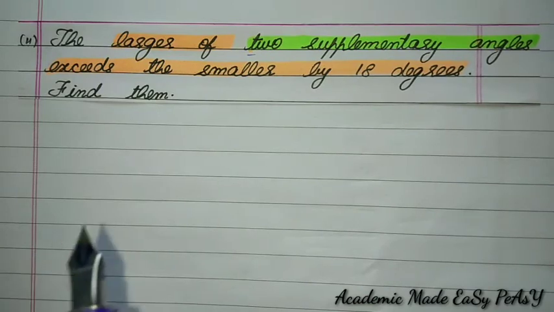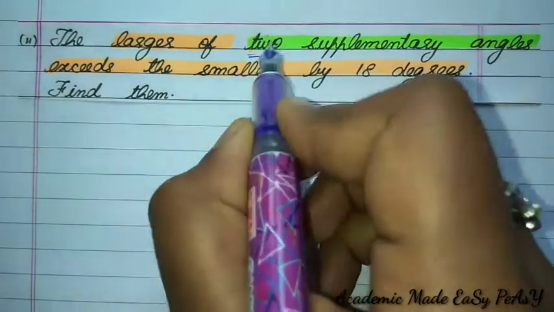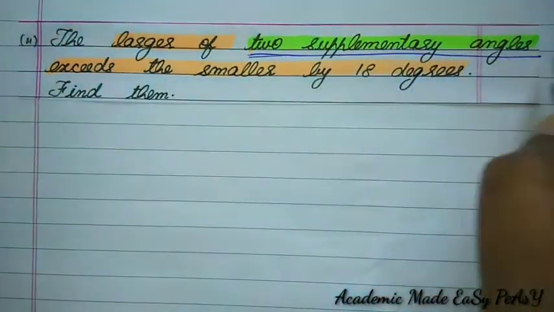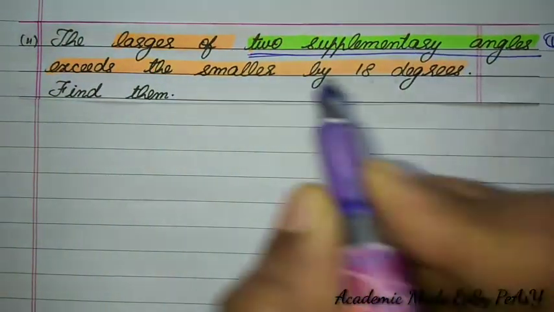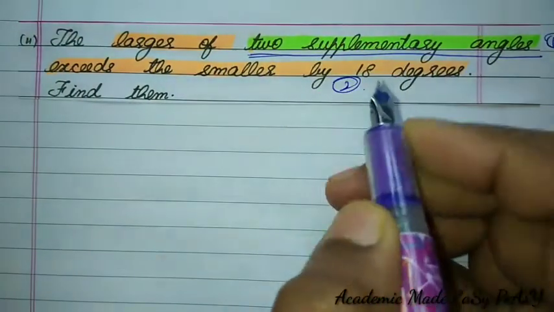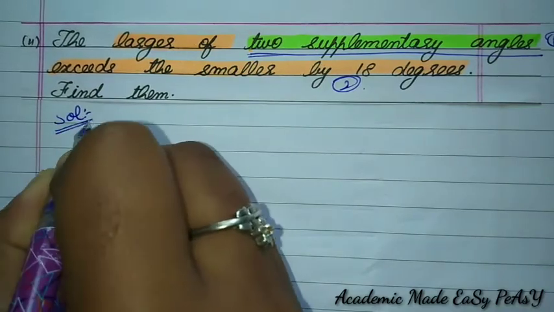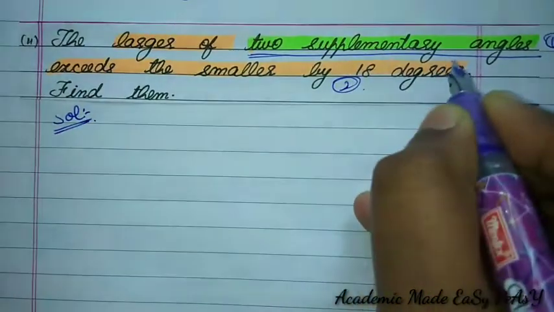So two supplementary angles is mentioned, and we take this as part 1. Then we take the entire statement as part 2. If you have any doubts, just mention it in the comment box.